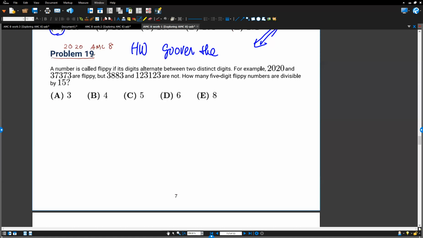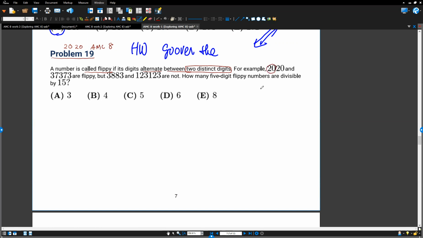A number is called flippy if its digits alternate between only two distinct digits. It should be two distinct digits. It can be 2, 0, okay, that's fine.